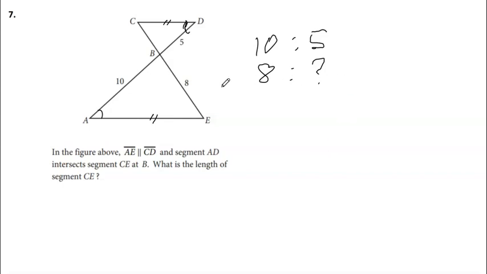And here you can easily see that it's half, right? 5 is half of 10, so the number here should be half of 8. All right, so our question mark here is going to be 4, right? So you just establish the ratios, right?